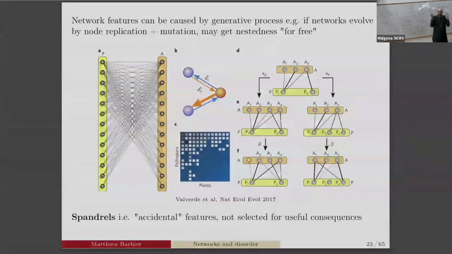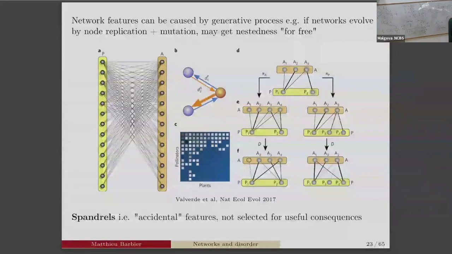It could be just a pure accidental consequence of evolution happening through reproduction and mutation. And it's been called spandrels. The spandrel is ecology and evolution jargon for properties of a system that are accidental, that are not actually useful from any selective point of view, but are accidental for how the thing evolved or was generated.